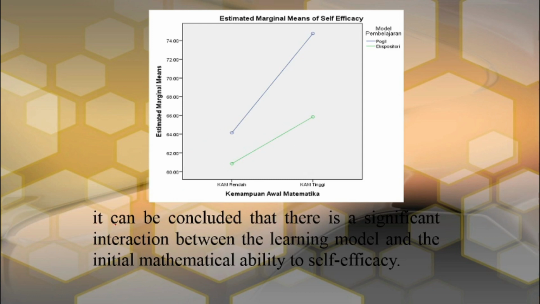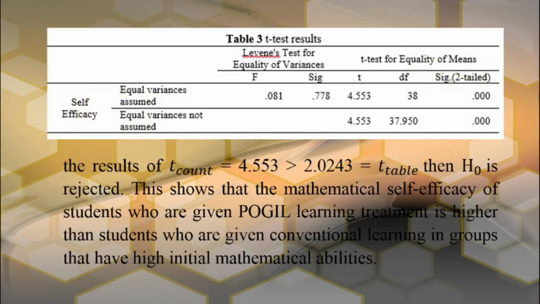It can be concluded that there is a significant interaction between the learning model and the initial mathematical ability on self-efficacy.